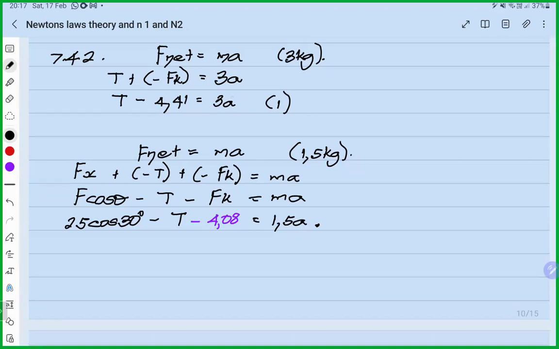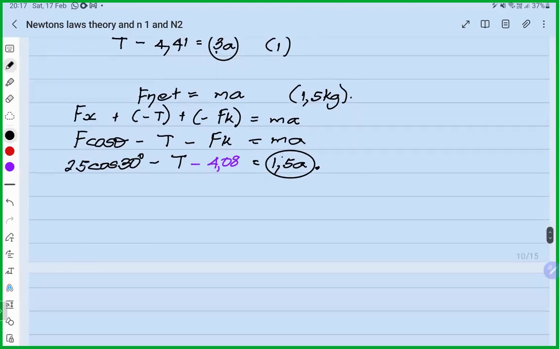And this is the reason why I think this examiner was kind and he gave 3 kilograms here and 1.5 kilograms here. Because you can simply take 1.5, double it, and you can get 3 on the top. So I'm going to take this equation here, which is equation 2 essentially, and I'm going to multiply it by 2.